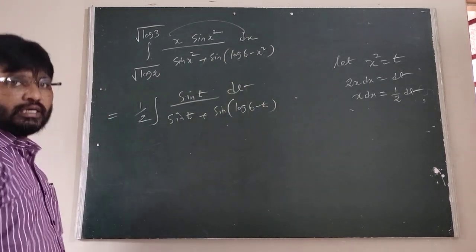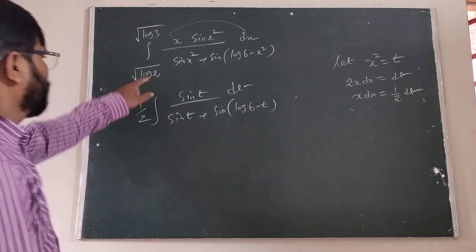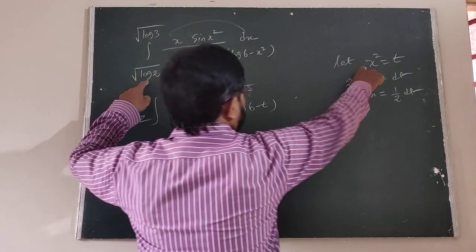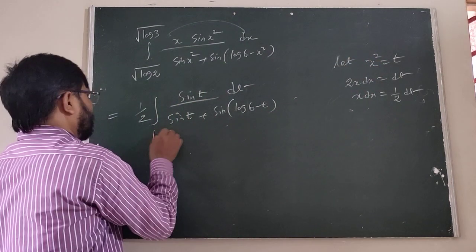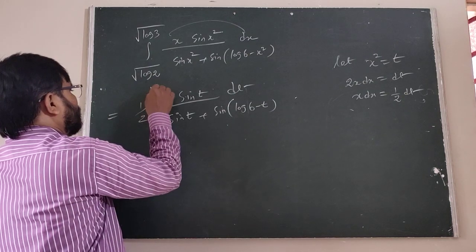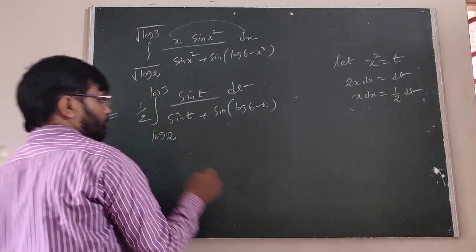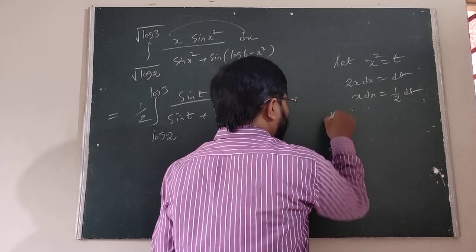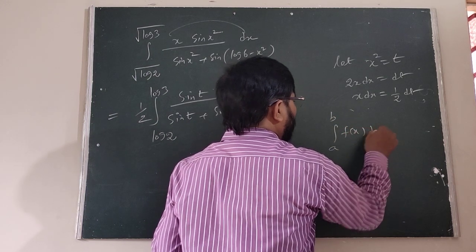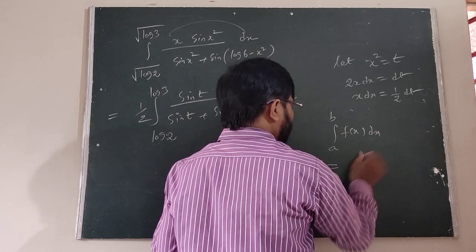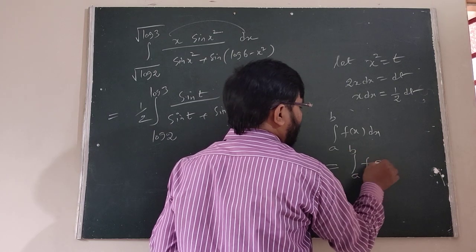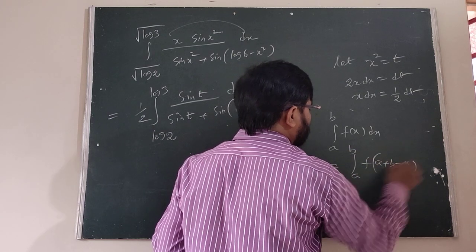Now, changing the limits: when we take x, the square and under root cancel, so the limits are log 2 and log 3. The property we know is that the integral from a to b of f of x dx is the integral from a to b of f of a plus b minus x dx.